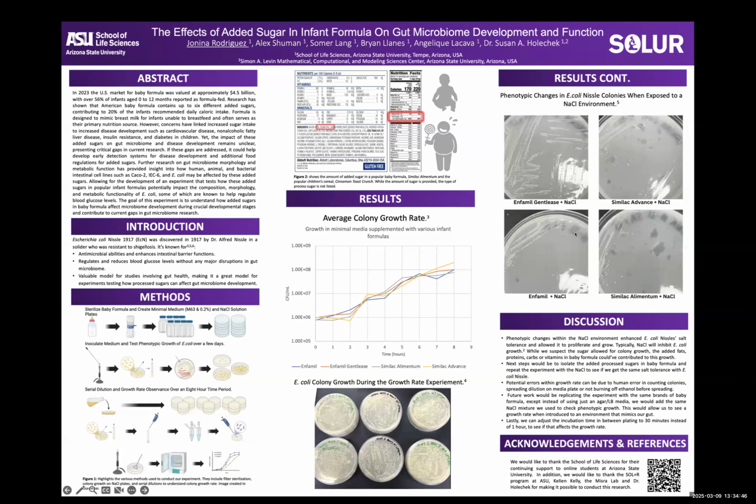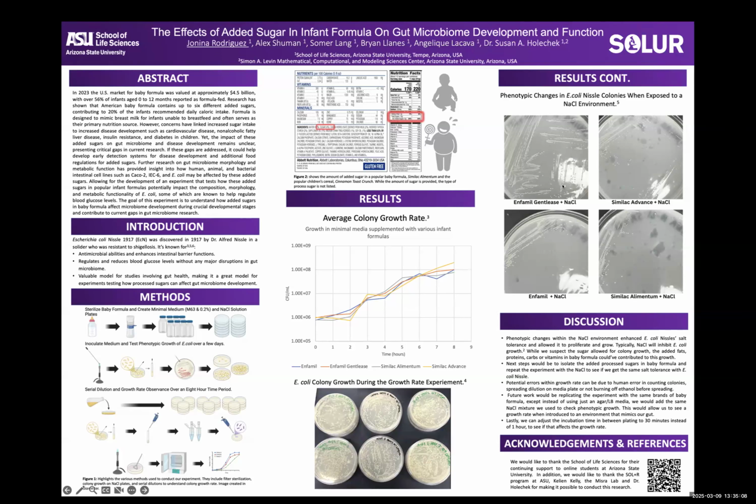There we go. Okay. So you see in the upper right hand corner, you can see that with the Enfamil Gentle Ease, the colonies actually proliferated a lot more than the Similac Alimentum. And we are thinking it's due to the amount of processed sugars that is in the Gentle Ease.